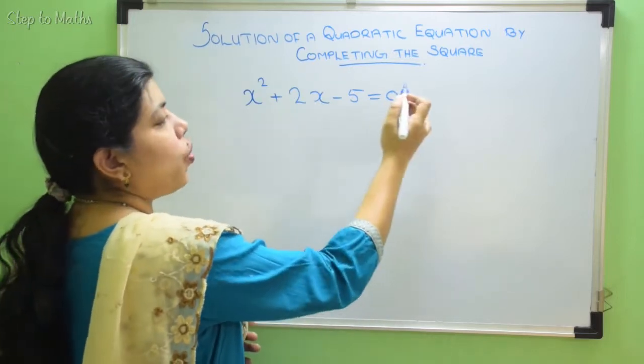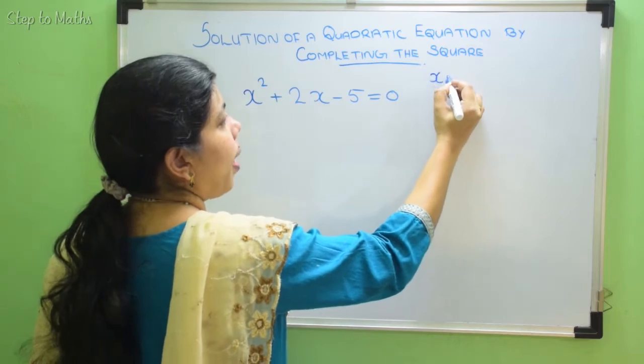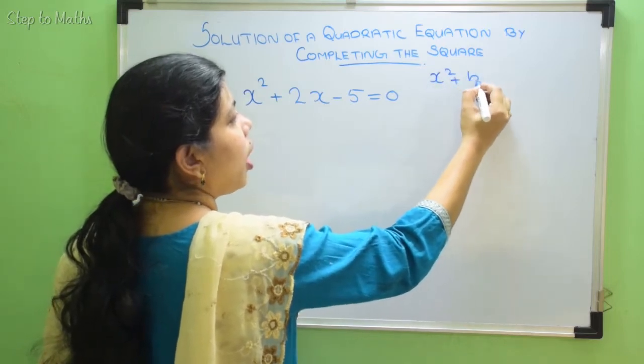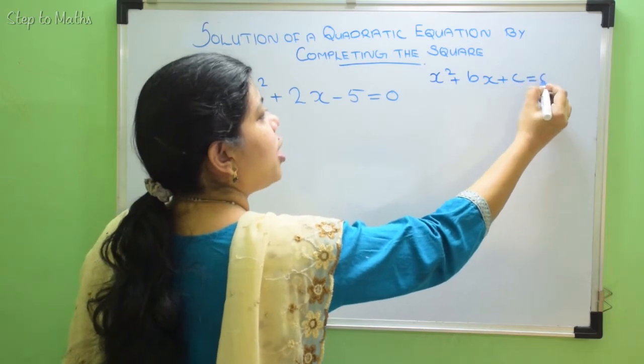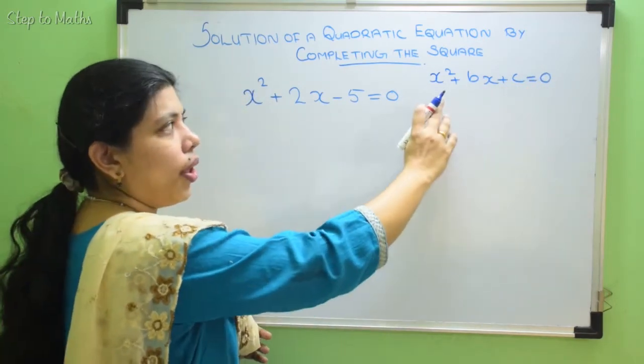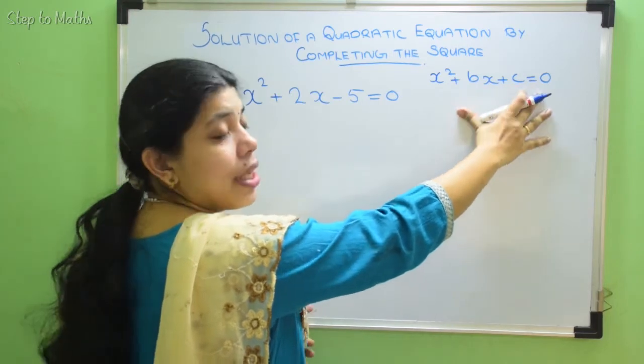Here the equation is in the form x square plus bx plus c is equal to 0.